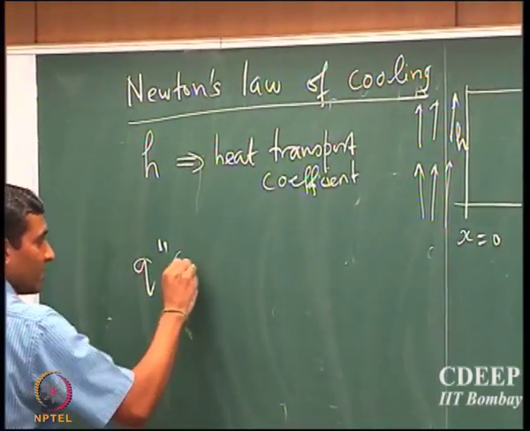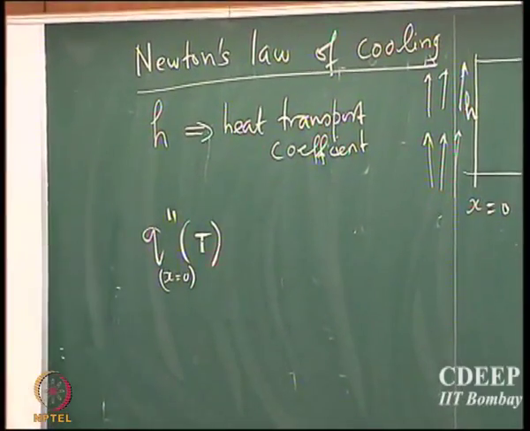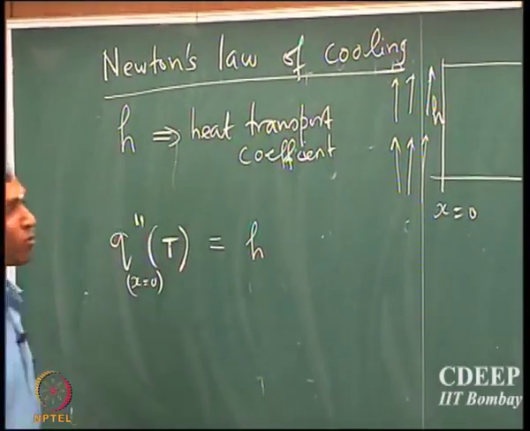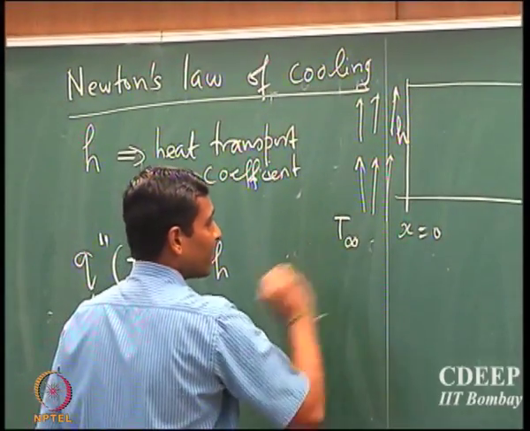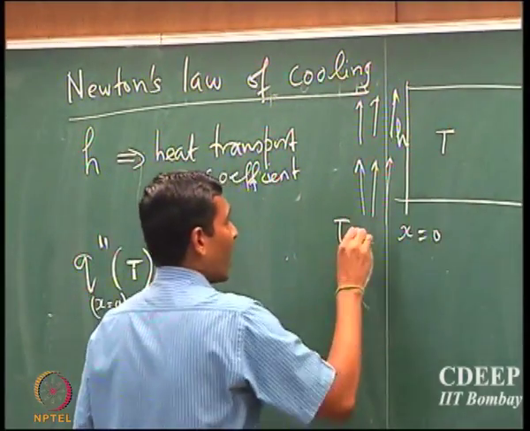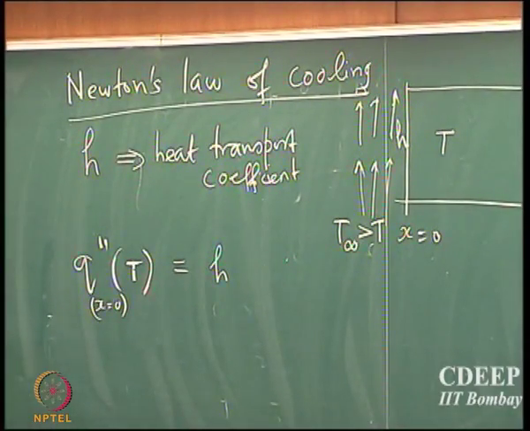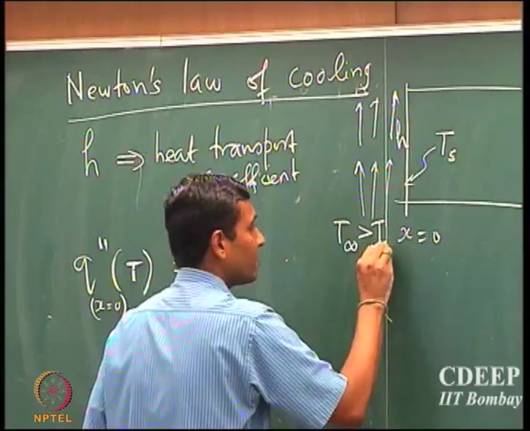prime at x equal to 0, that's the flux at x equal to 0, should be equal to the heat transport coefficient h, and supposing I assume that the temperature here is T infinity, and if this temperature is higher than the temperature at the boundary, so this is the surface temperature.